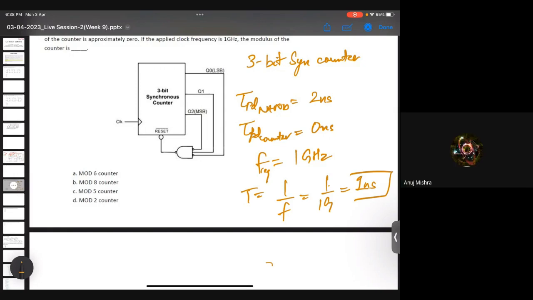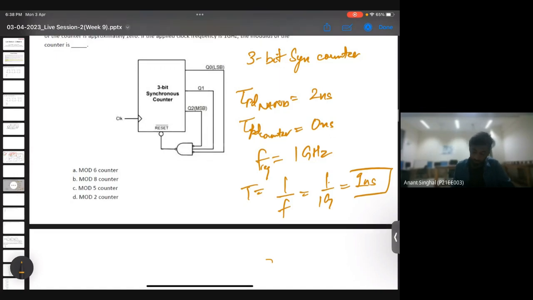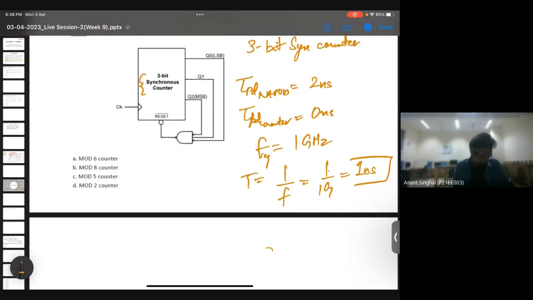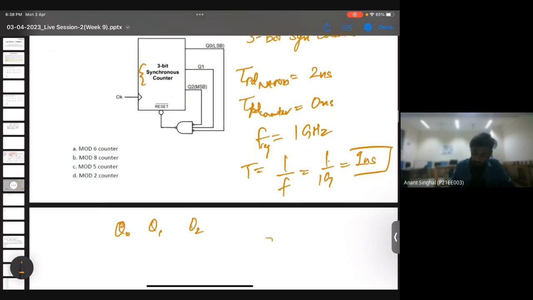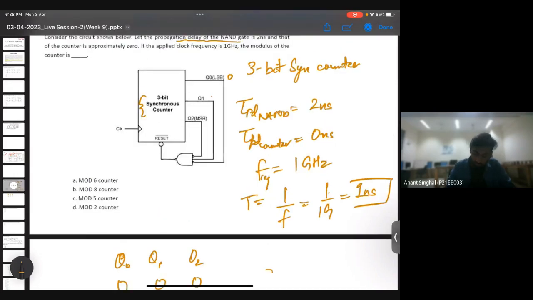Yes, sir. Okay. So in this 3-bit synchronous counter, we'll again start with the initial state as 0, 0, 0. It says Q2 is MSB, so I'll write it in the backward way: Q2, Q1, Q0.